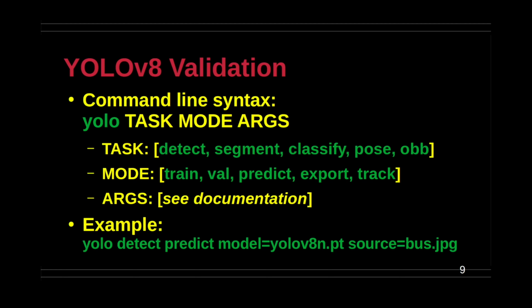In our example, the model and image files are specified as args. In this example, bus.jpg is assumed to reside in the current folder of the virtual environment. Ultralytics does provide an image with the same name at its website.